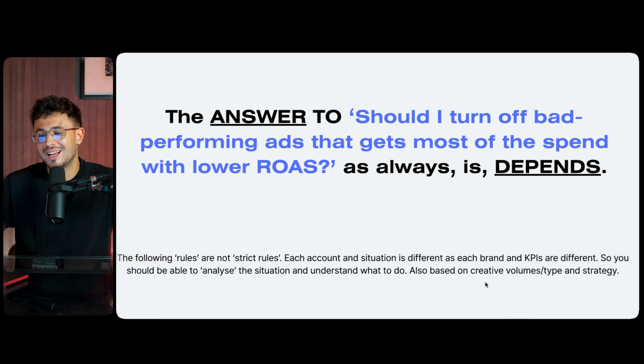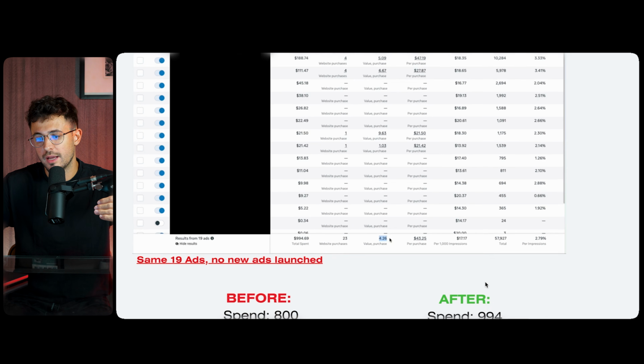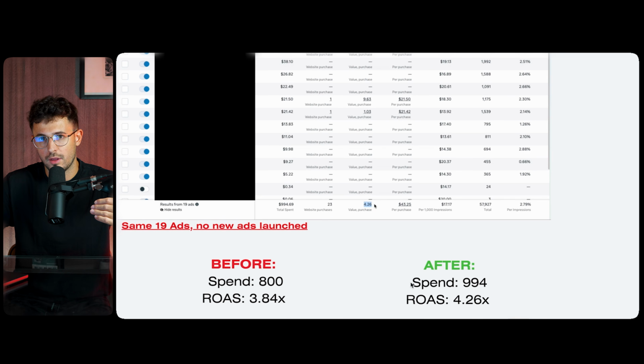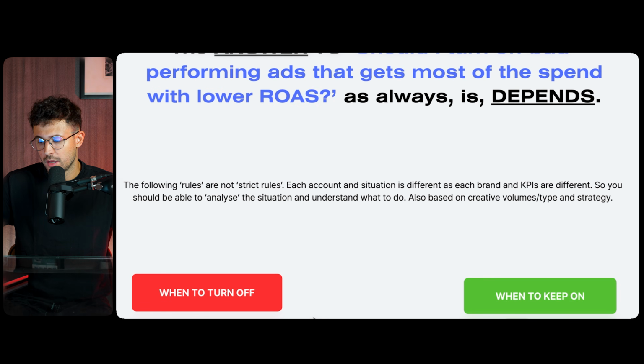So you should be able to analyze the situation to understand what to do, also based on creative volumes, creative types, strategy, and so on. In this screenshot, the goal of this brand was to get a 4x ROAS, and so we actually matched the goal by turning off the ad.